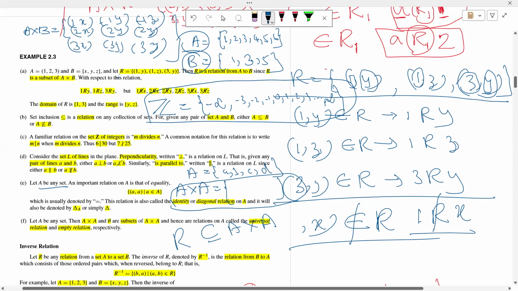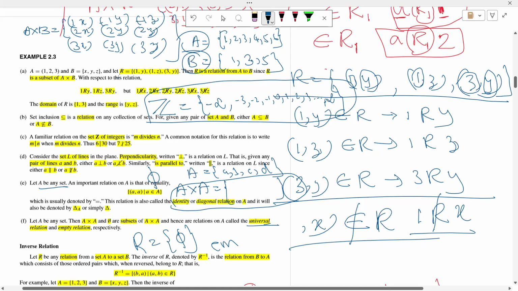If you find a relation with all the elements of A cross A, then we can say that is a universal relation, the special name for that one. Similarly, empty set is a subset of A cross A, so that relation with the empty set is called an empty relation.